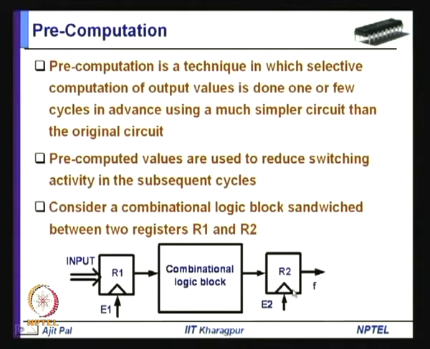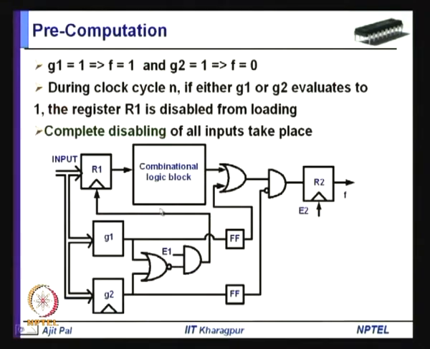So, this is the original hardware. Now, pre-computation can be done by adding two additional hardware blocks, much simpler than this combinational logic block: G1 and G2. G1 is 1 when F1 is 1. So that means, when this combinational circuit is 1, this G1 is 1.